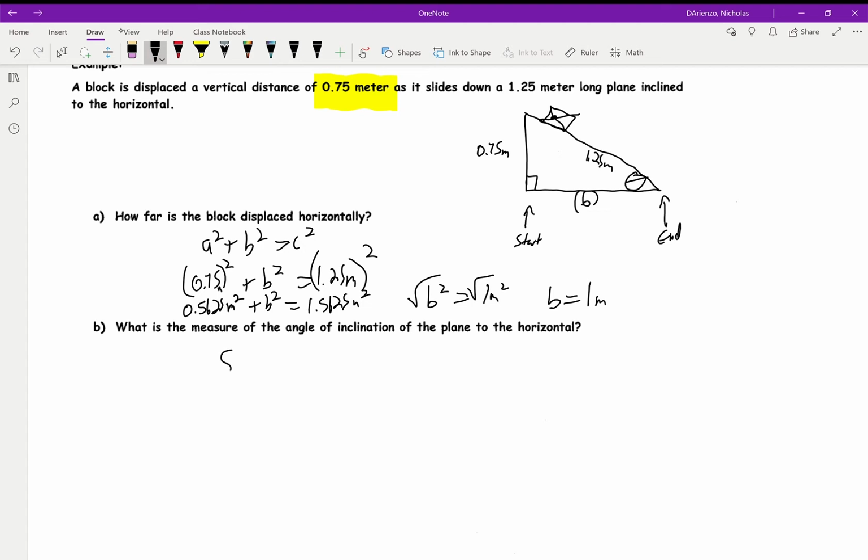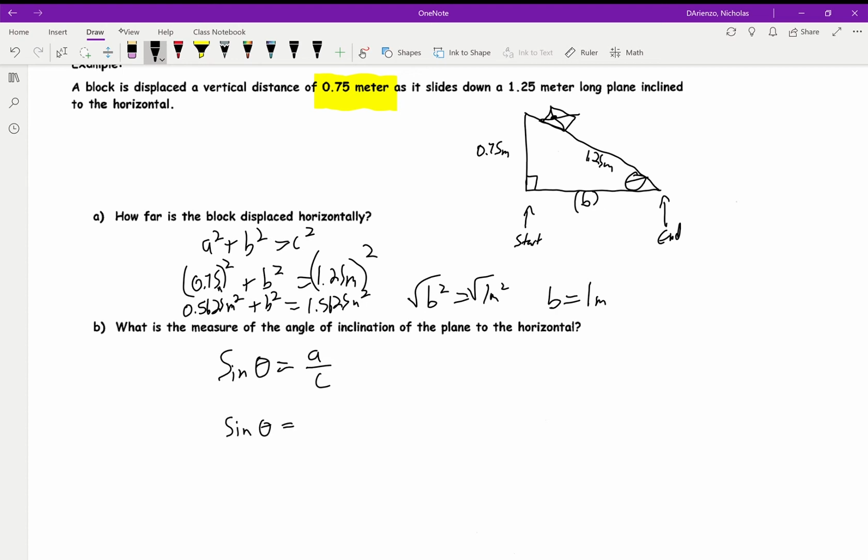I'm going to use sine theta, which is equal to the ratio of side A over side C. We can plug in our information. I'm just using those because those came directly from the problem. It's not a number that I calculated. It's trying to avoid some error here.